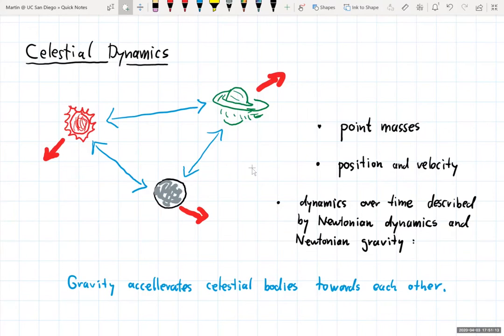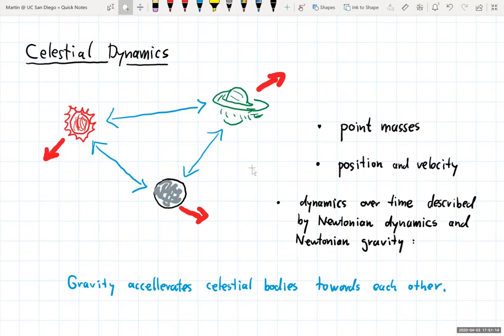In celestial dynamics, all the celestial bodies are modeled as point masses. So we disregard the fact that most of these bodies have some volume, and just model them as points. Each of these points has a mass. And to every point, we associate their position and their velocity in three-dimensional space.